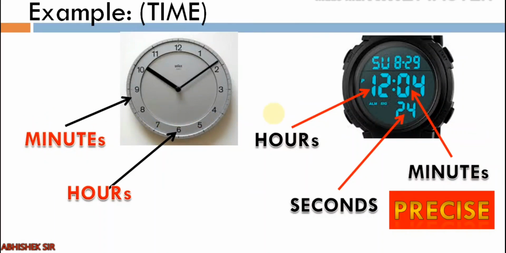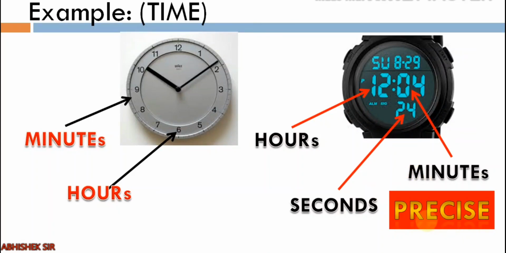On the right hand side we have a digital watch which can measure hours, minutes, as well as seconds. If you compare which of these two can measure a smaller unit of time, obviously it is the digital watch. So out of these two, the digital watch is said to be more precise.